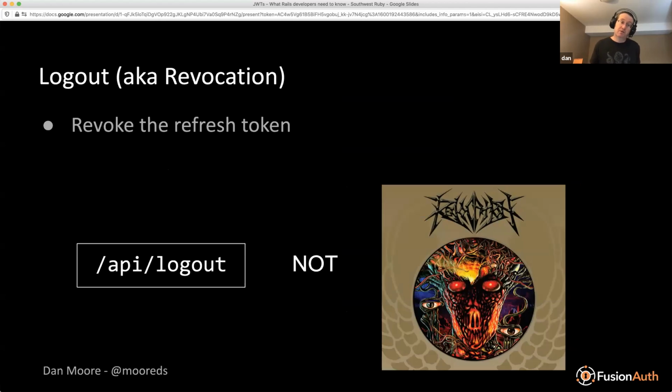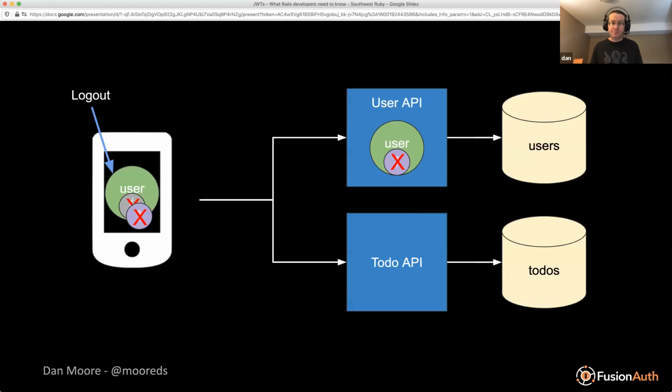As far as revocation, logout, which is Nisant's question, you typically want to revoke the refresh token, and that prevents new JWTs from being generated. However, when you do this, the client should delete the JWT and delete the refresh token. The user API can delete the refresh token or mark it invalid.